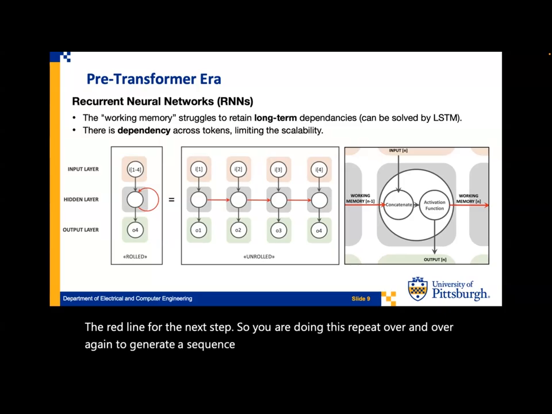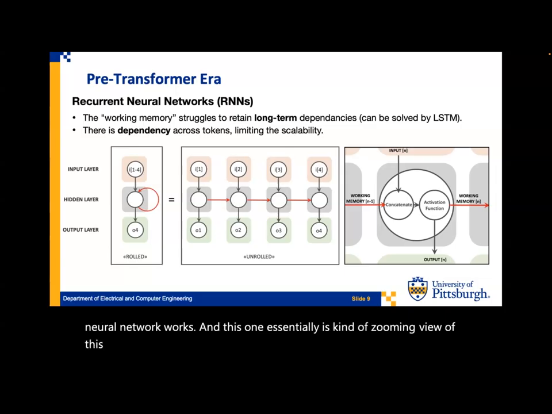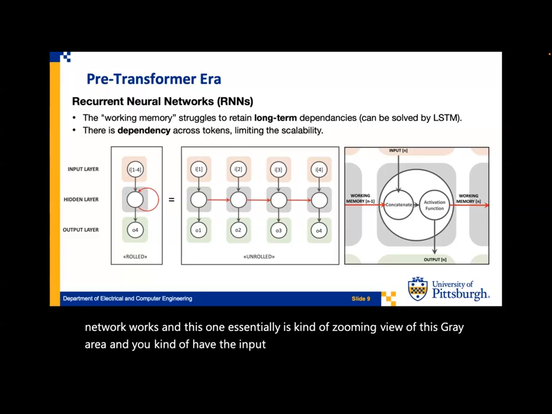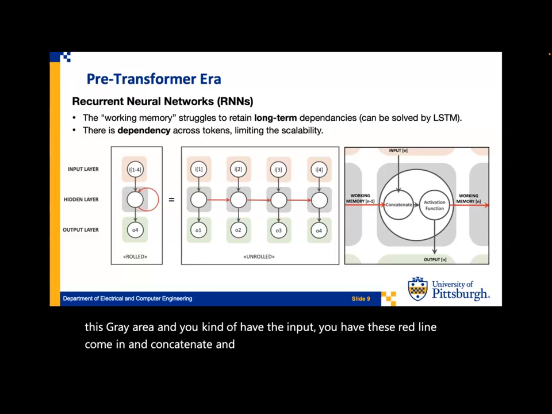That's how a recurrent neural network works. And this is a zoomed view of the gray area: you have the input, the red line comes in and is concatenated, and they go through the activation function.